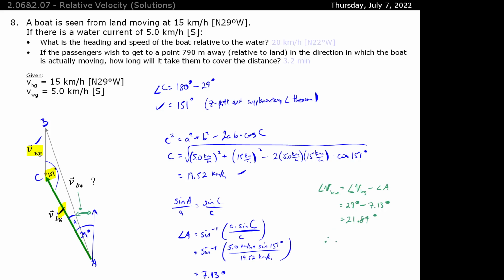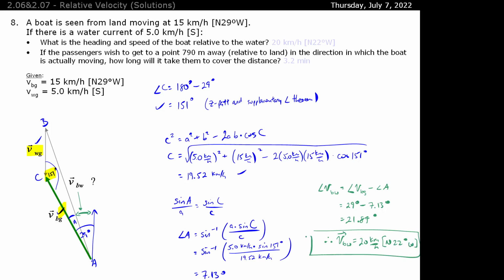So therefore VBW as a vector is equal to 20 kilometers per hour, and this is north 22 degrees towards the west.